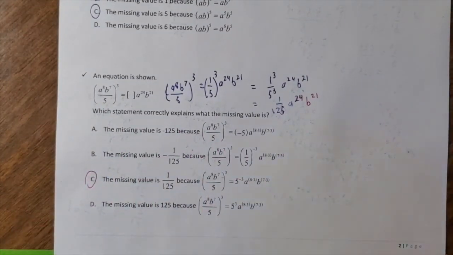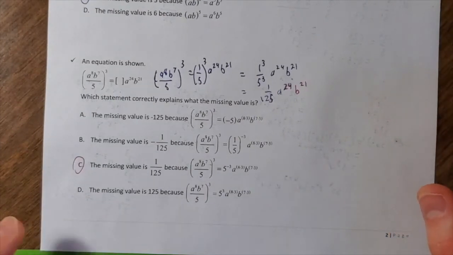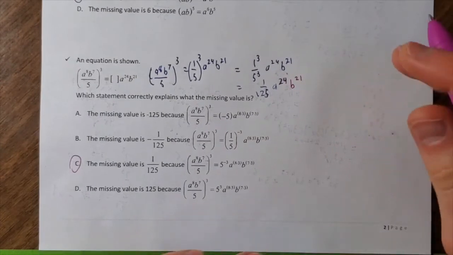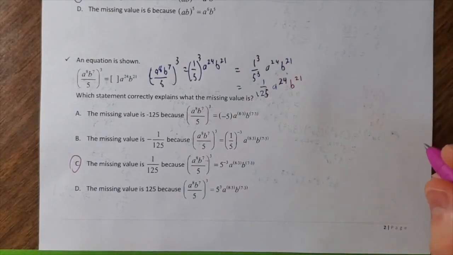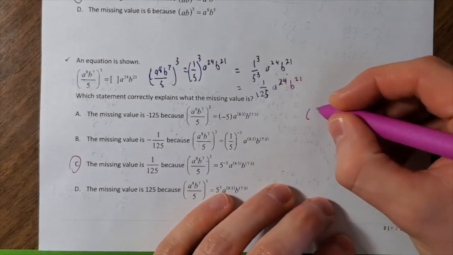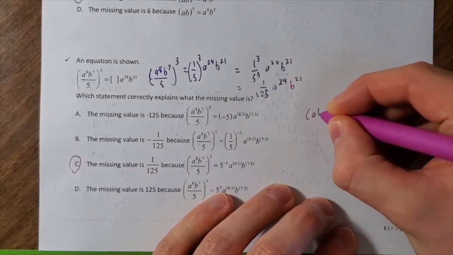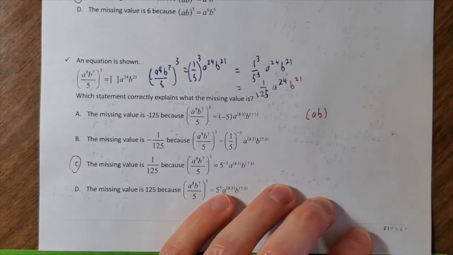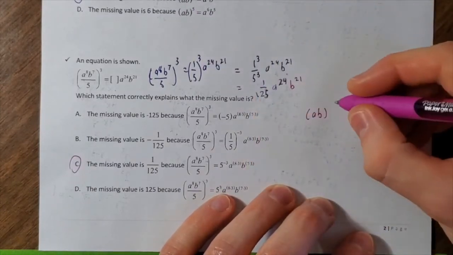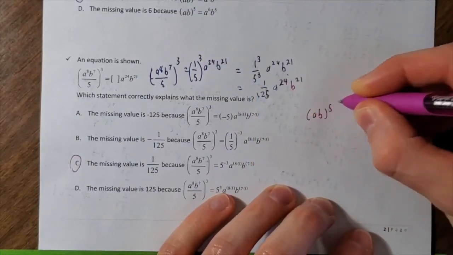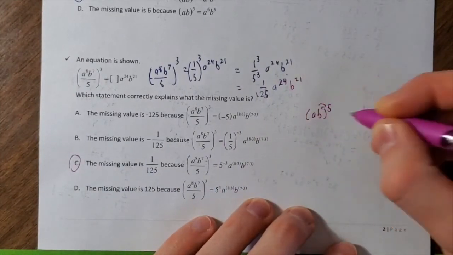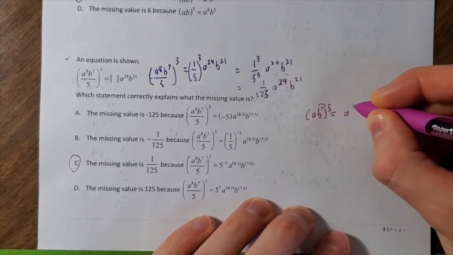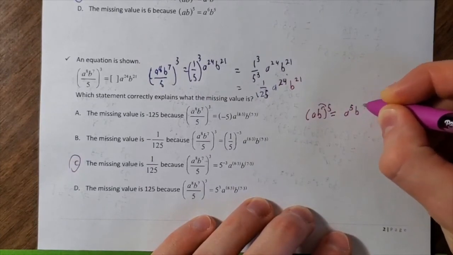And I would just like to point out, before we wrap up, one little nuance that it didn't come up in this lesson, but it might come up at some point for you later on in those keystones. So if we have two terms being multiplied together, like we had in the example right above this one, a and b to the fifth power, like I said, we're bringing in and distributing that exponent to each of these terms, which gives us our a to the fifth, b to the fifth.